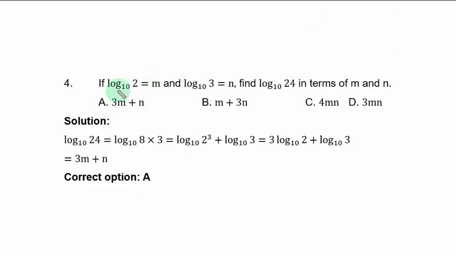Question 4. If log 2 base 10 is equal to m and log 3 base 10 is equal to n, find log 24 base 10 in terms of m and n. Solution. So you have log 24 base 10. For us to achieve 2 and 3 from that, you need to first express it as log 8 times 3 base 10. We can obtain 2 from 8.